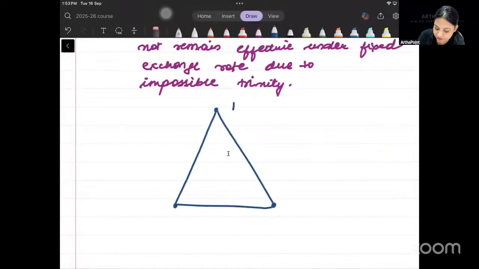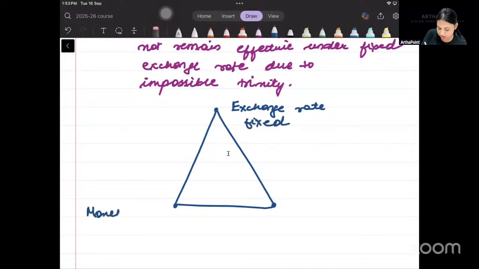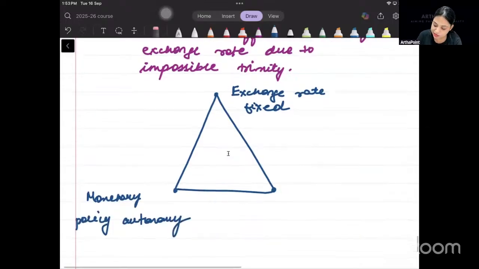So you have exchange rate being fixed, monetary policy autonomy, and perfect capital mobility.